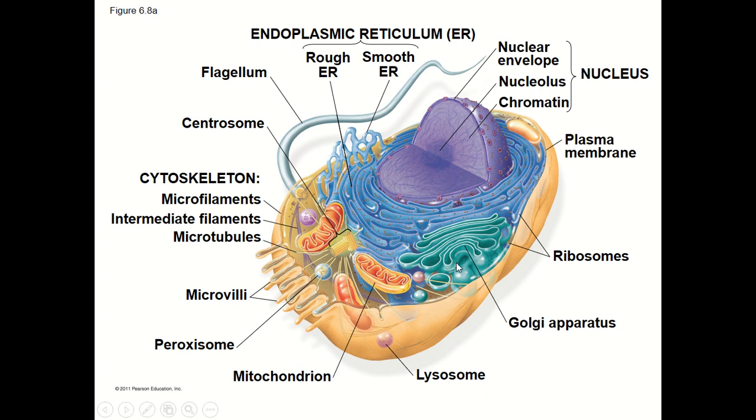Then we have the Golgi apparatus, mitochondria, microvilli, and peroxisomes, and three types of cytoskeleton: microfilaments, intermediate filaments, and microtubules, and also the cytosol. The centrosome here is made up of two centrioles.